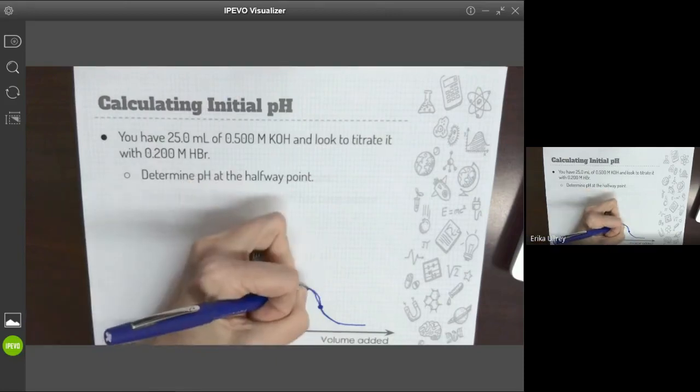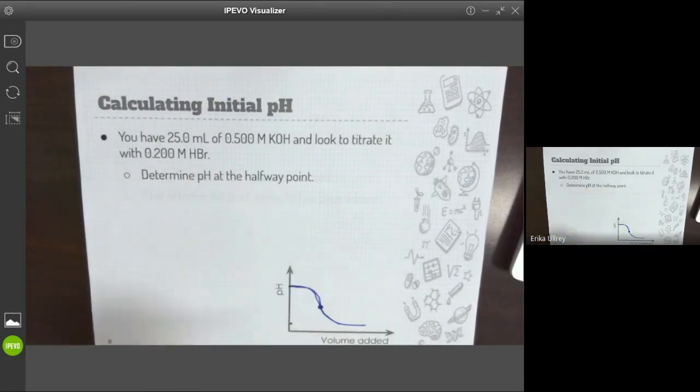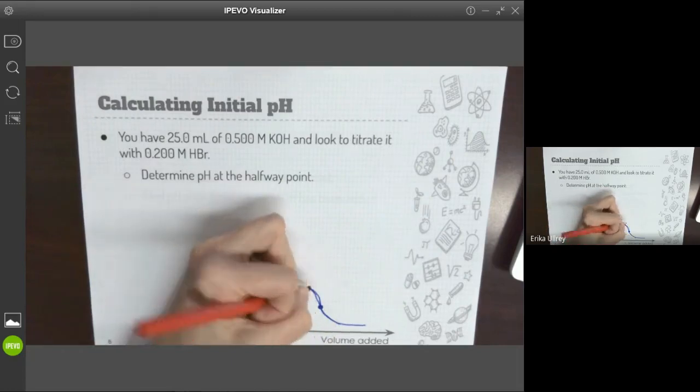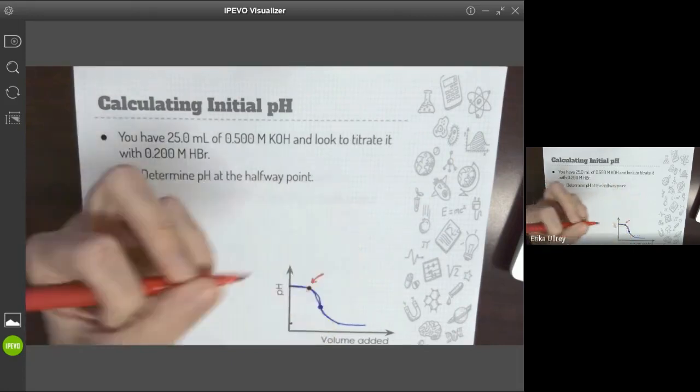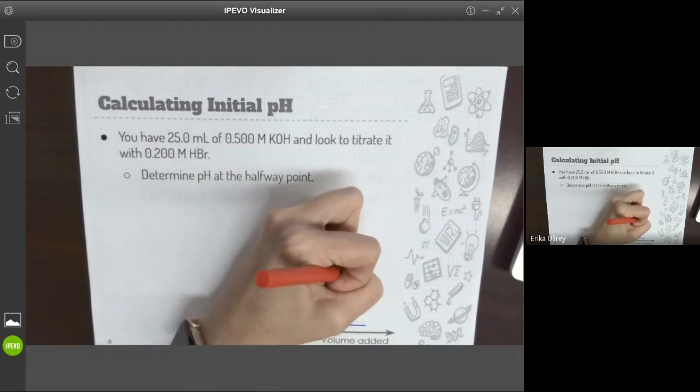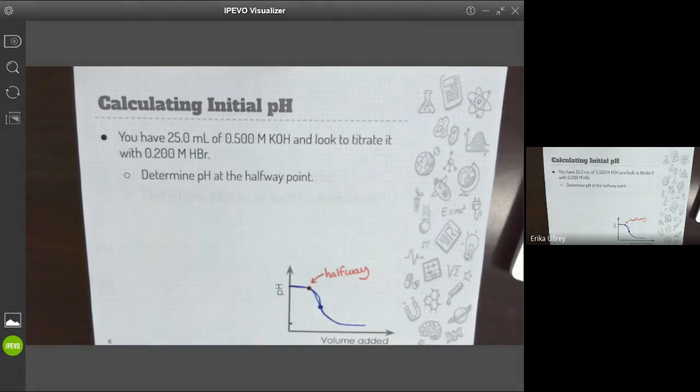So the halfway point is halfway between our initial and our equivalence point. So this would be the half point.